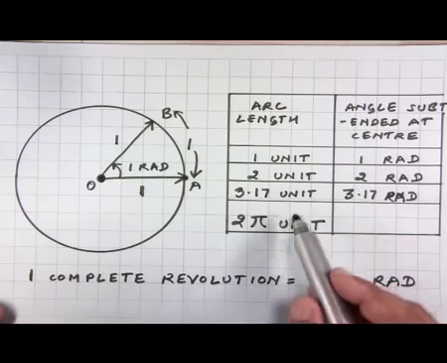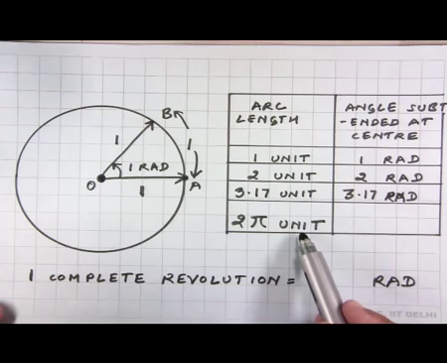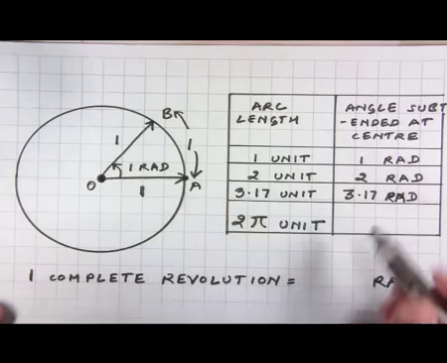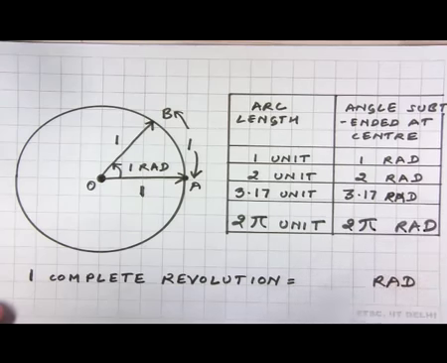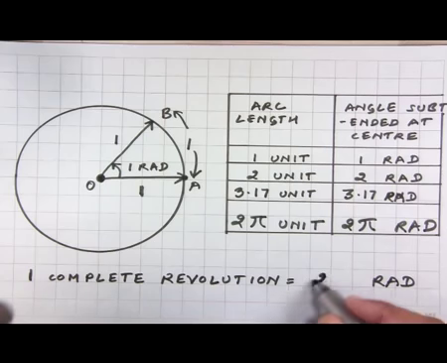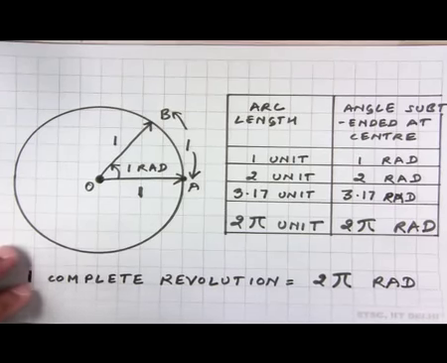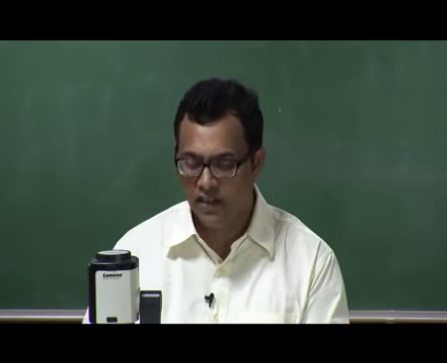Then if the arc length increases from 1 unit to 2 pi units, it should be clear that the angle subtended at the center by this complete revolution should be equal to 2 pi radians, and therefore, this shows that one complete revolution is equal to 2 pi radians. So, this is something to be remembered, that one complete revolution is equal to 2 pi radians.